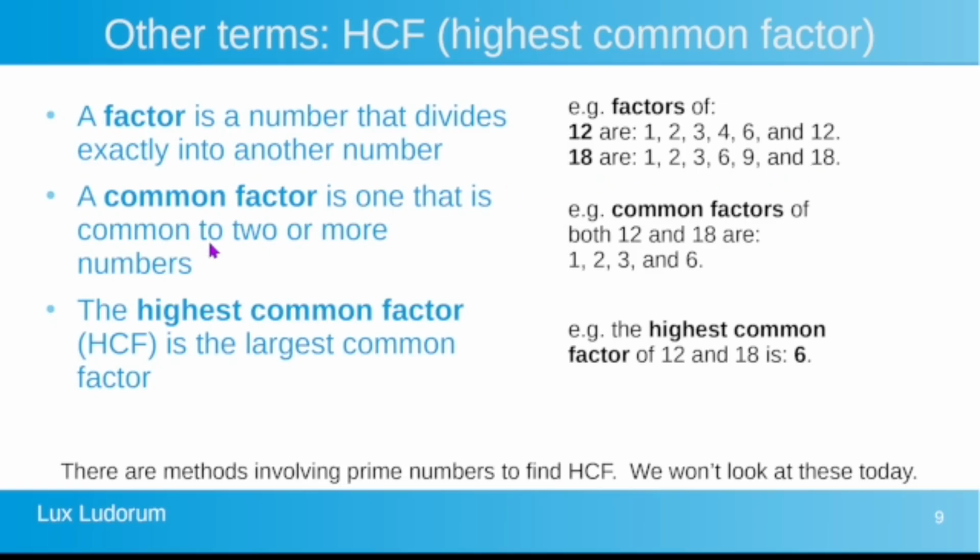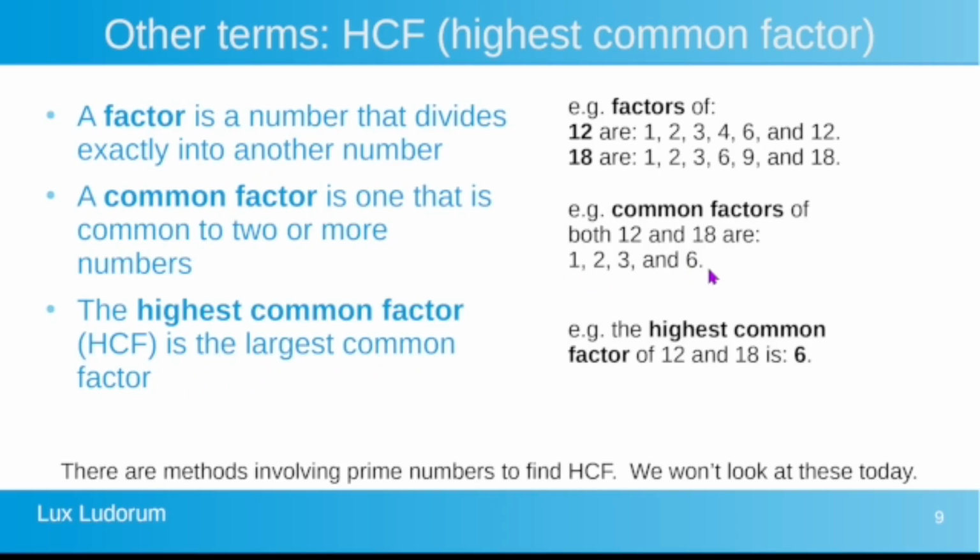A common factor is one that is common to two or more numbers. Common factors of both 12 and 18: look along the lists, find the ones that appear in both lists. They are 1, 2, 3, and 6. The highest common factor, or HCF, is the largest common factor.